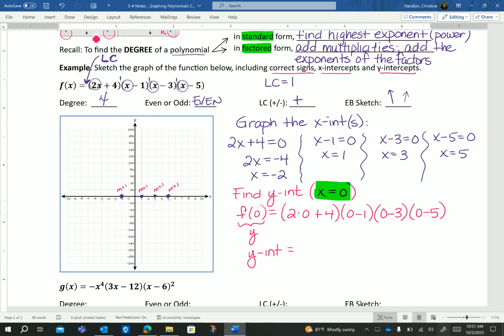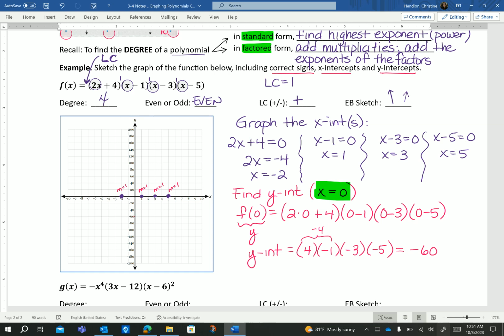Well, 2 times 0 is 0, 0 plus 4 is a 4, 0 minus 1 is negative 1, 0 minus 3 is negative 3, and 0 minus 5 is negative 5. And when you multiply this all out, 4 times negative 1 is a negative 4, negative 4 times negative 3 is a 12, and then 12 times negative 5 is a negative 60.